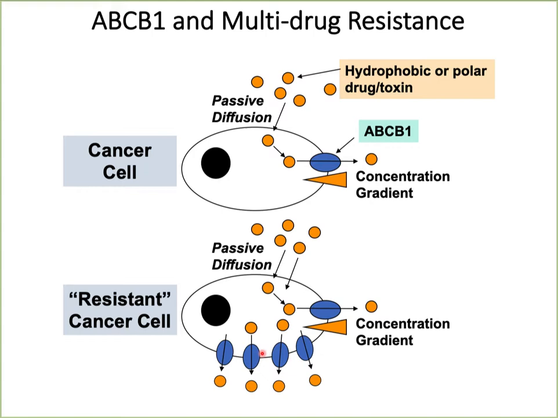So you will notice that I have "resistant" in quotation marks. It is not that the cells are so much resistant, but the cells have such efficient pumping capabilities because they have so many of these pumps in the plasma membrane that when a chemotherapeutic toxic molecule enters, it is rapidly pumped out. So for all intents and purposes, it is resistant, but not really.